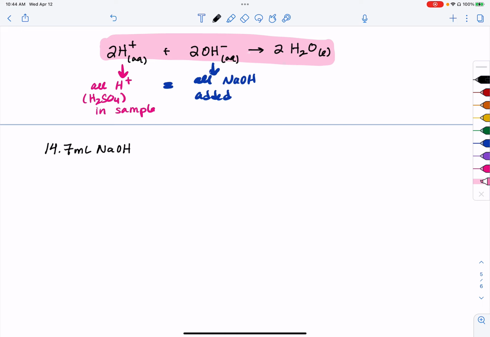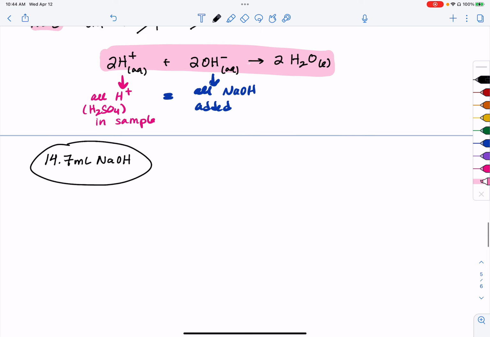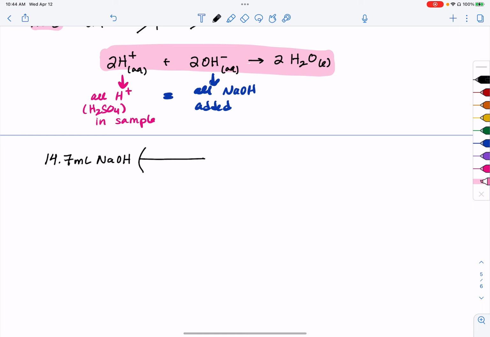So if I'm going to try to convert this quantity in volume into moles, the only thing that relates moles and volume is moles per liter or molarity. So I need to first convert this into liters. So there are 1,000 milliliters per 1 liter of NaOH.